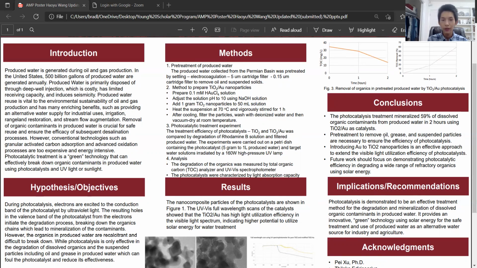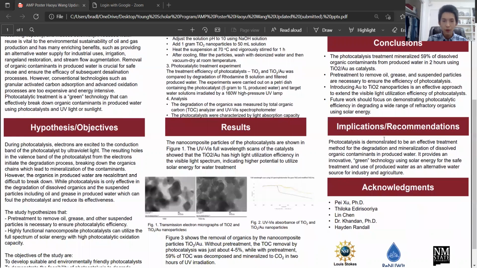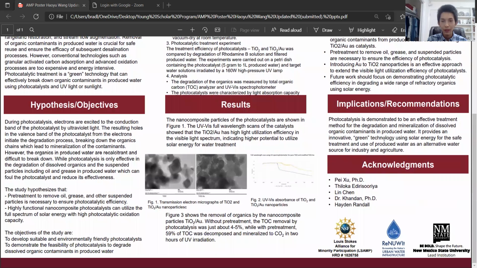The experiments were carried out in a petri dish containing the photocatalysts, 5 grams to 1 liter of produced water, and irradiation using a UV lamp. The degradation of organics was measured by total organic carbon, which is TOC, and it was analyzed using a UV-Vis spectrometer. The photocatalysts were characterized by light absorption capacity, as can be seen here.